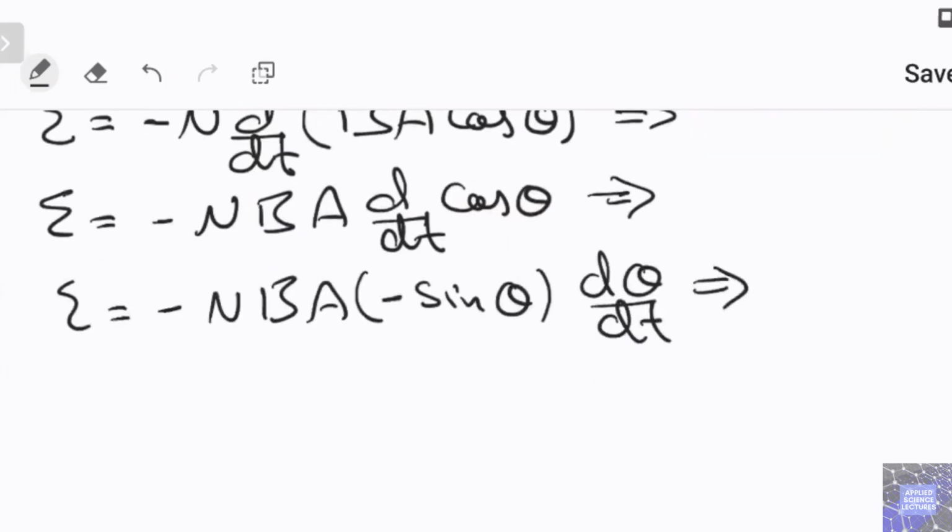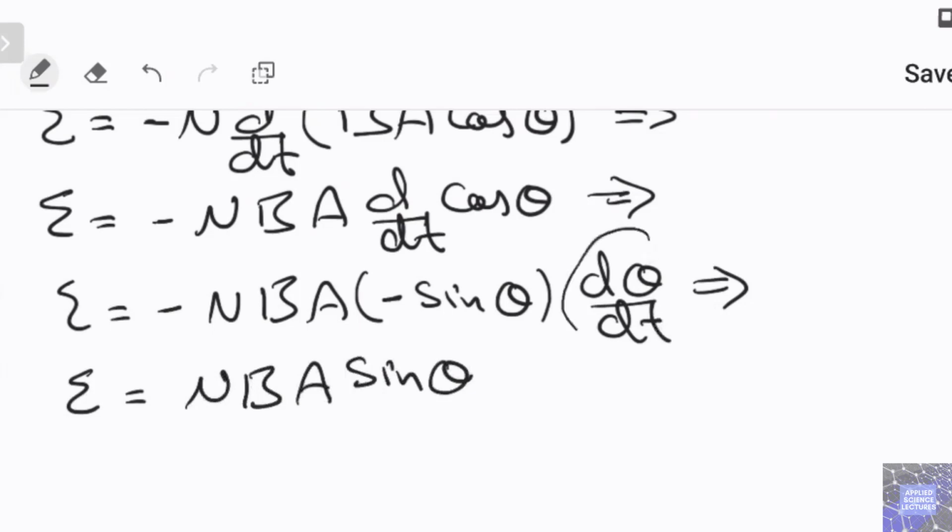and this gives electromotive force to be N B A sine theta, and then d theta over dt can be replaced by the angular frequency omega.